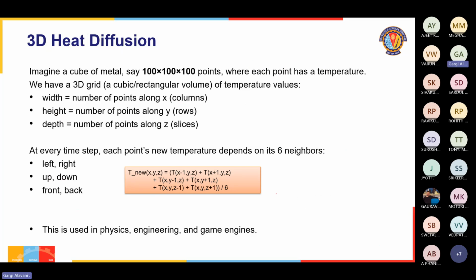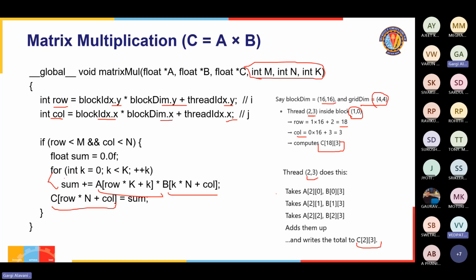We can, if you want, consider a 3D example. Yeah, ma'am, one question on the earlier slide. Here we say thread 2, 3 computes C of 18, 3, while below we say thread 2, 3 writes it to C of 2, 3. No, no, what is the block dimension here?